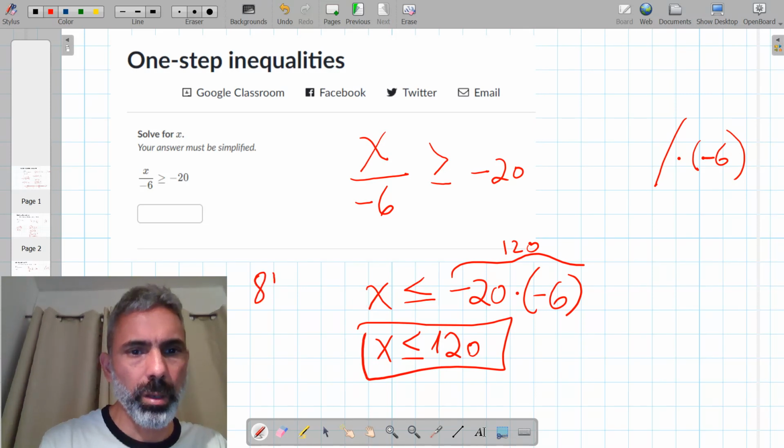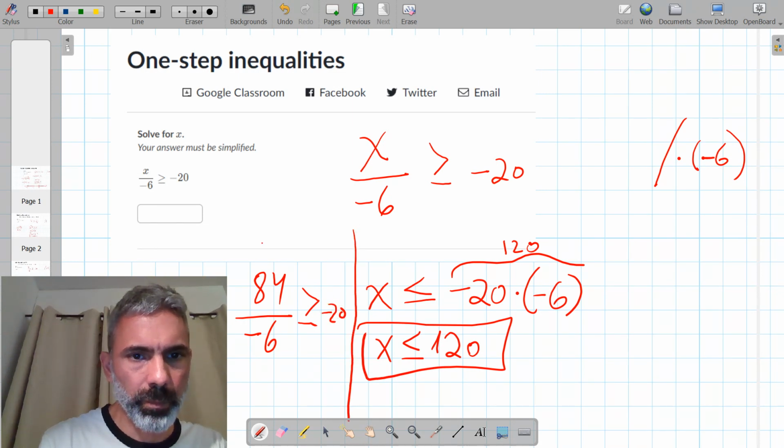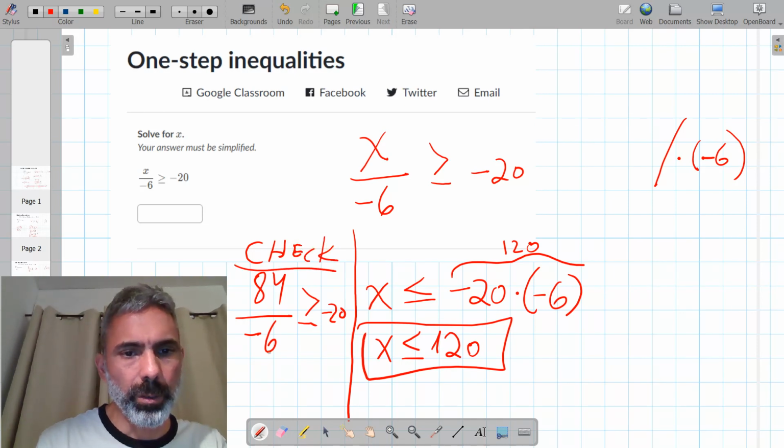Okay. 84 divided by minus 6 has to be greater than or equal to minus 20. 60 divided by 6 is 10, 24 divided by 6 is 4, so this is minus 14.